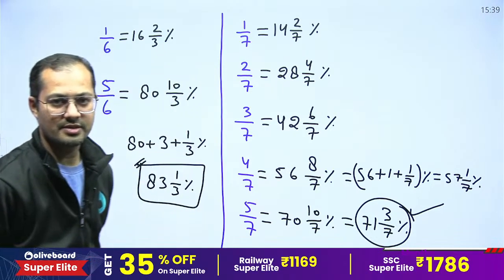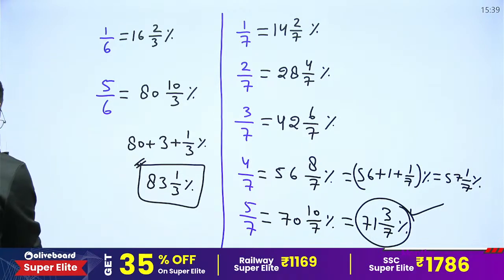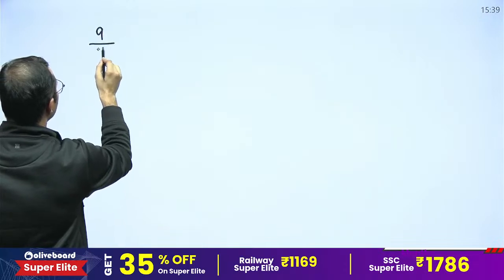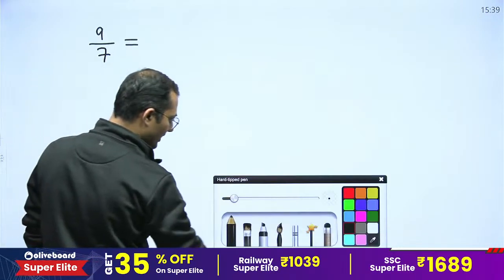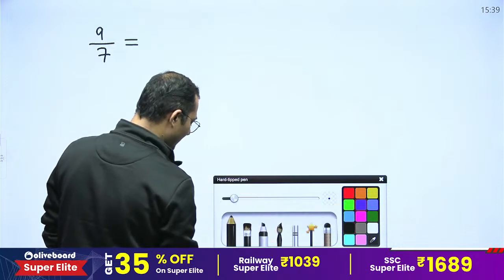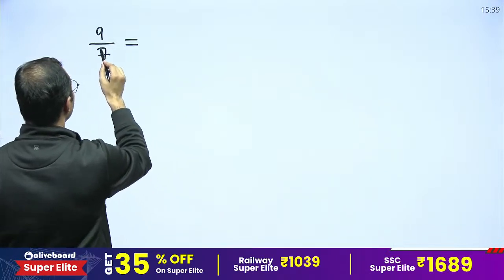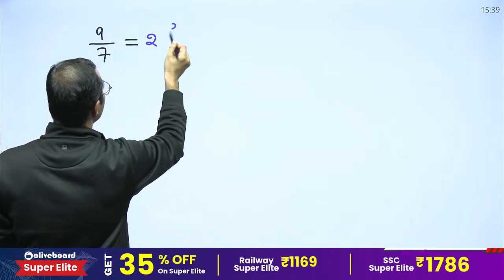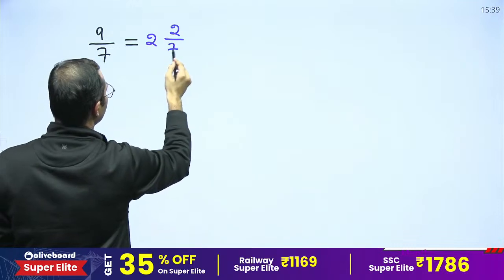This is clear. Yes. See, suppose we got a number 9 whole 9 upon 7. Now we have to write it in percentage. So there are two ways, right? So just multiply by 100 and convert it. And what is the smart approach? So we can say that, see, 7 divided by 2. So we can say that 2 whole 2 upon 7, right?